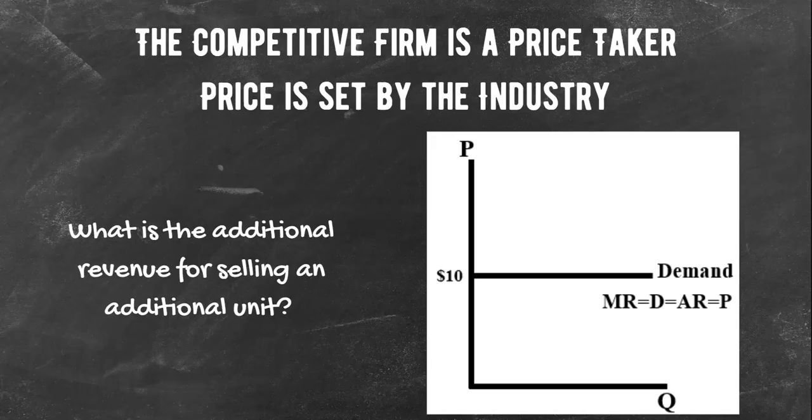Total revenue increases at a steady rate as more units are sold, and marginal revenue is equal to average revenue, which is also the market price. It's important to note that for the perfectly competitive firm, your marginal revenue, MR, equals demand, which is the same as your average revenue, which is also the same as the price.